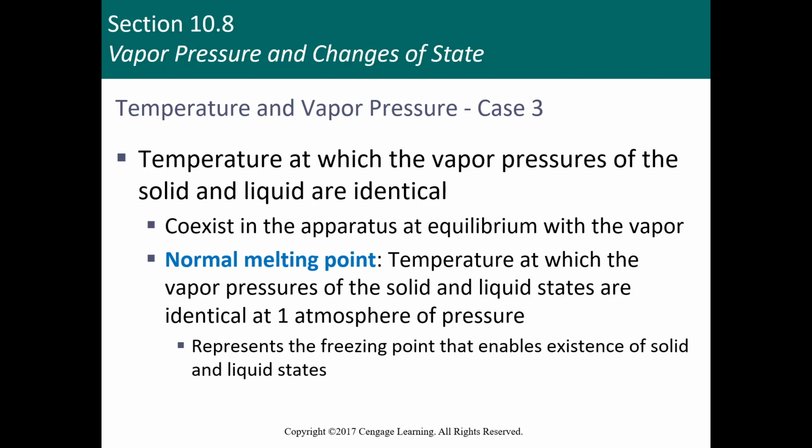So they're going to coexist in this apparatus at equilibrium with the vapor exchanging back and forth, but no overall change. The normal melting point is going to be, by definition, the temperature at which the vapor pressures of the solid and liquid states are identical at 1 atmosphere of pressure.